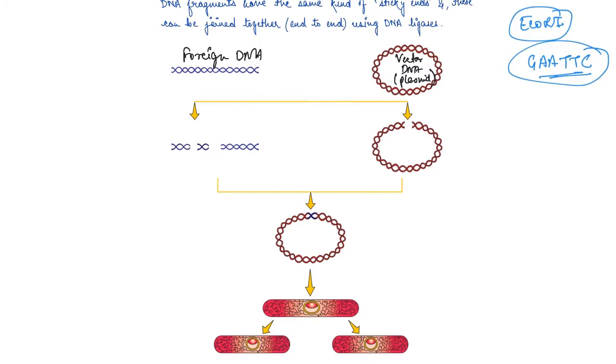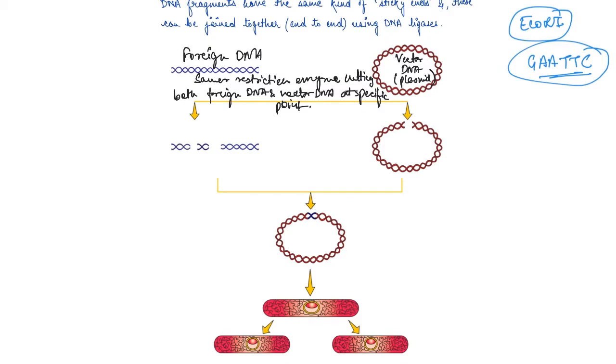So what is happening is that the same restriction enzyme is cutting both foreign DNA and vector DNA at specific points, right?